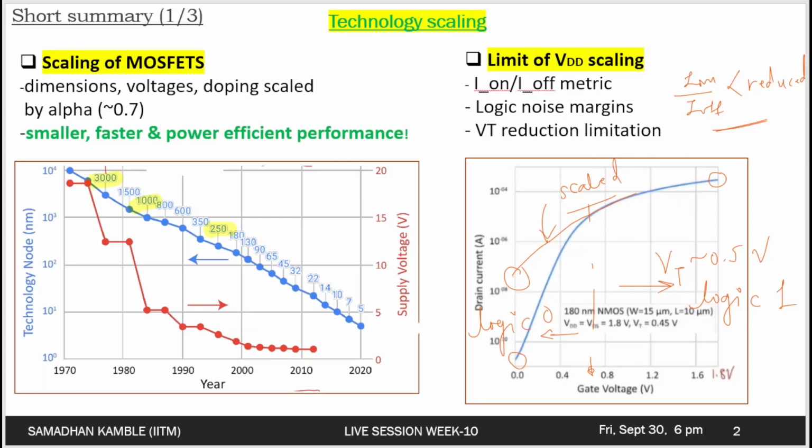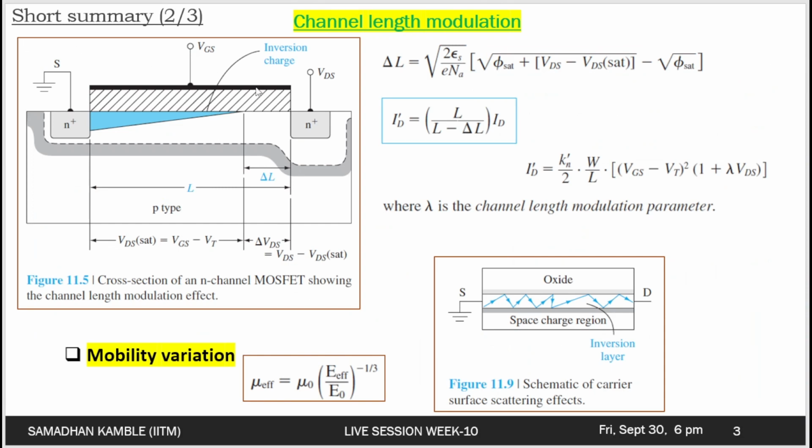Let us move to the second slide for the summary. Here we saw one important aspect called channel length modulation. We had assumed in the derivation of the ideal current voltage relationship that the channel length L was a constant.